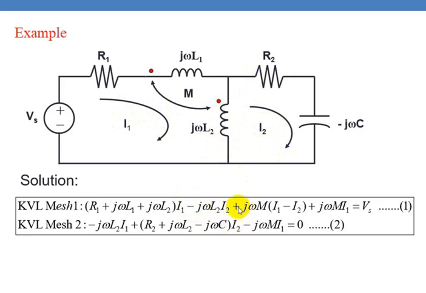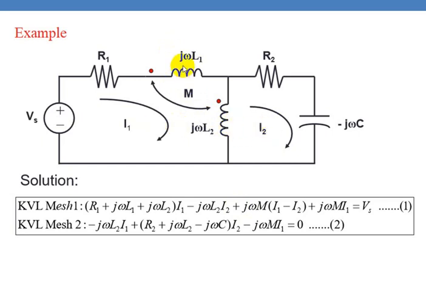Then you have to write the mutual inductance voltage. First we will write the mutual inductance voltage for this coil. Here the mutual inductance voltage is because of the current flowing in the coupled coil. What is the current flowing in this coil? When writing the equation for the first mesh, the current in this will be I1 minus I2.